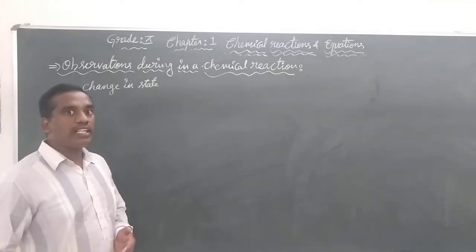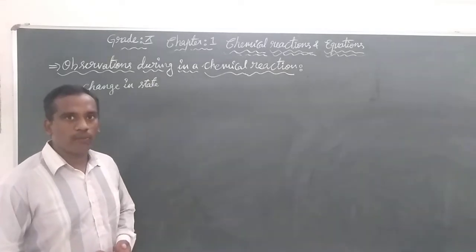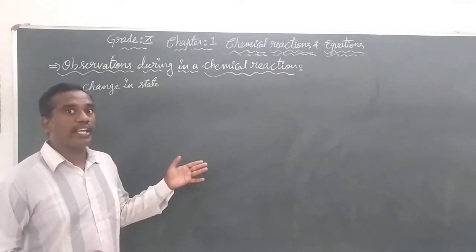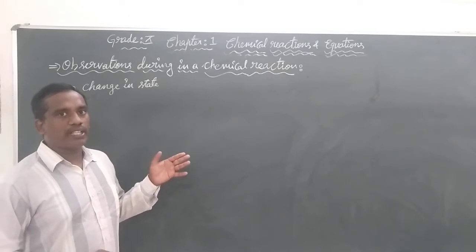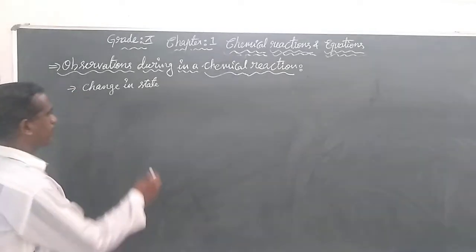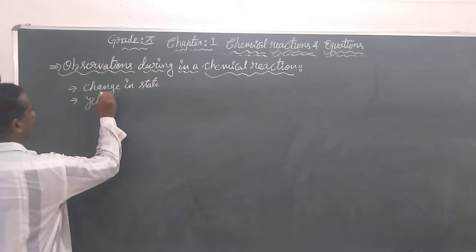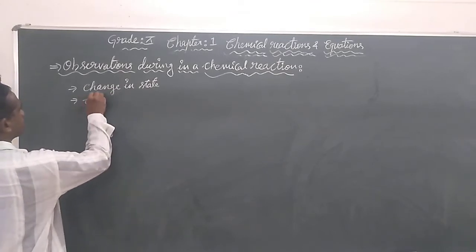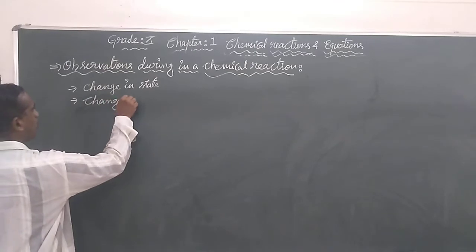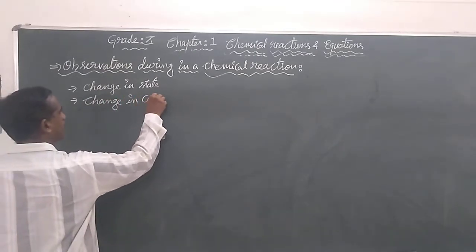In activity 1.2, we observed that lead iodide is formed, which has a yellow color. So there can also be a change in color.